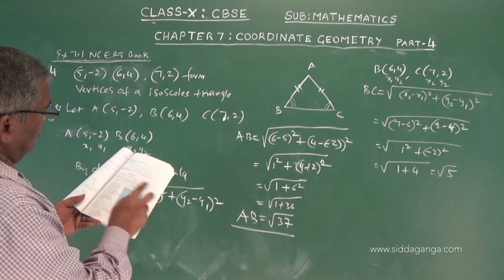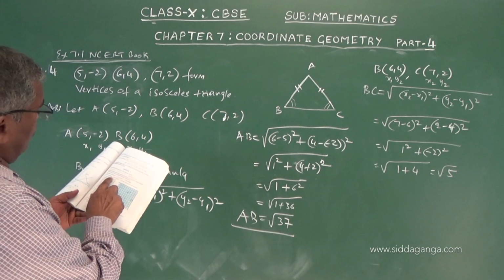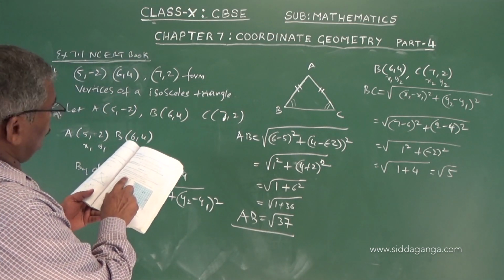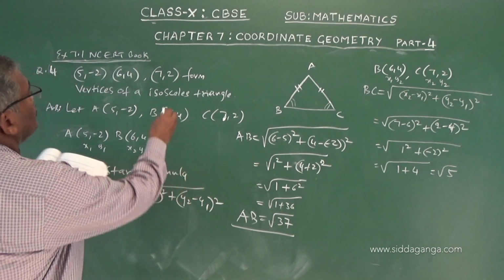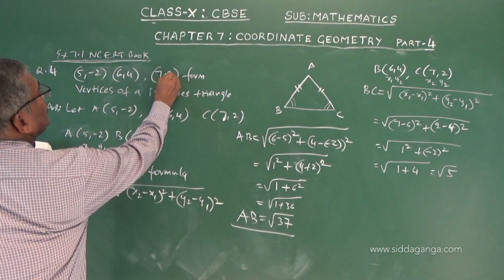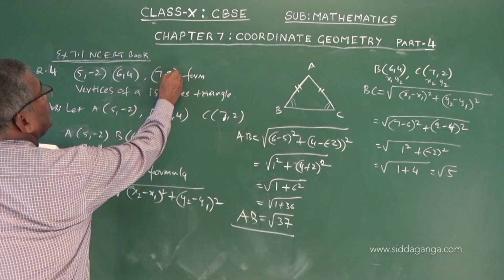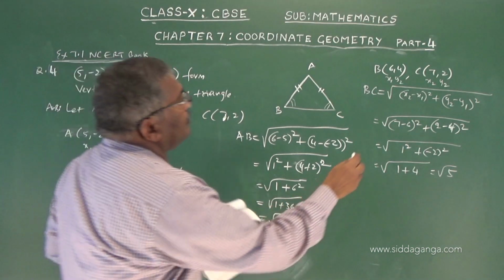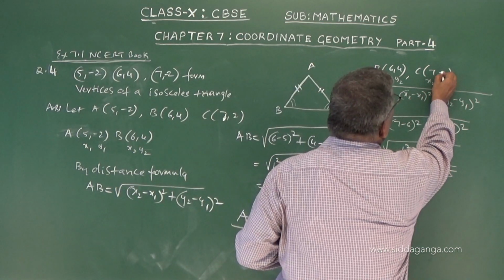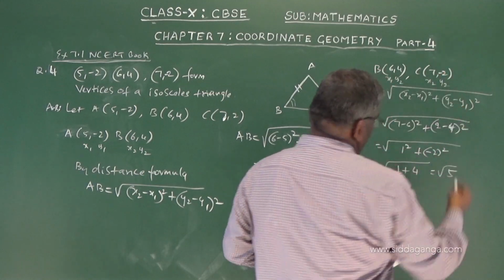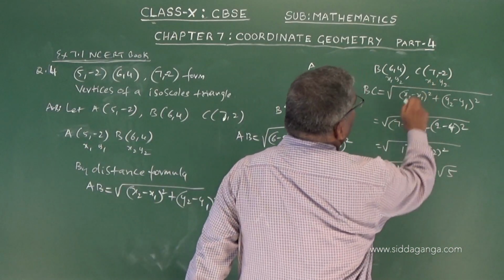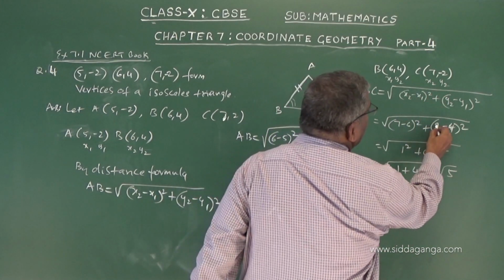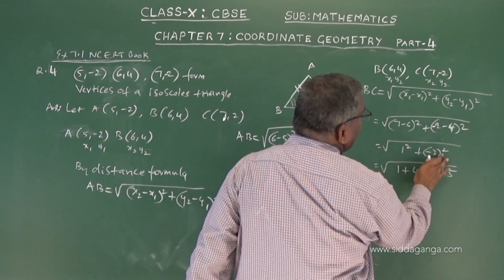I'm sorry, this is minus 2. I'm extremely sorry, minus 2, and this is minus 2. So when this is minus 2, y2, this is minus 2.